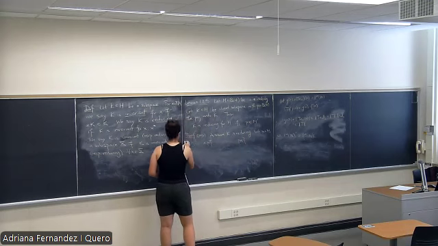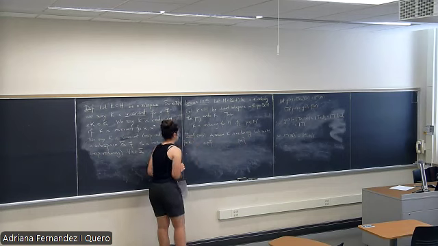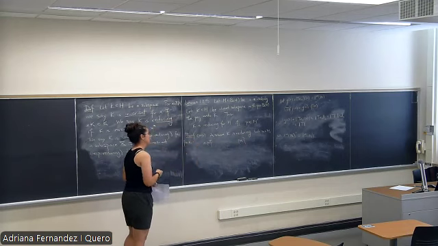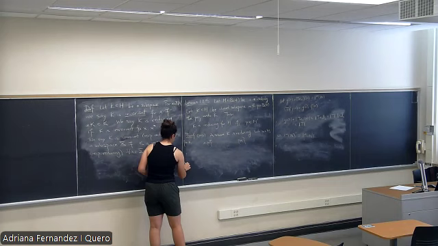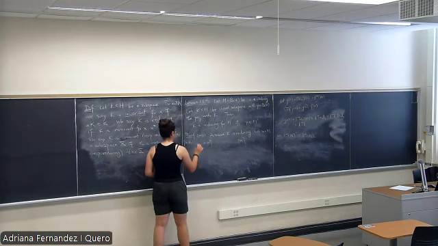Well, K is a closed subspace, so we can divide the elements in H into the ones that land in K and the ones that land in the orthogonal complement of K.